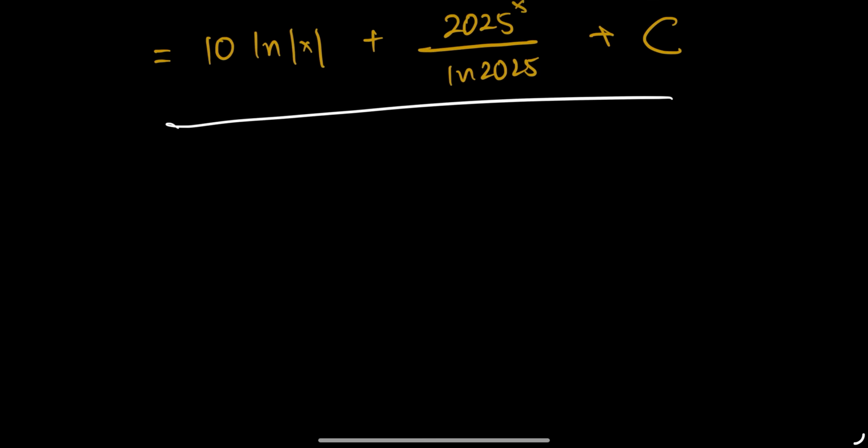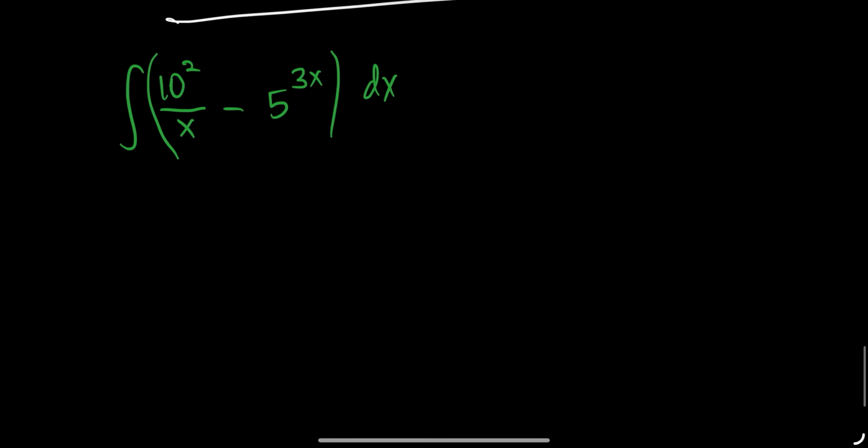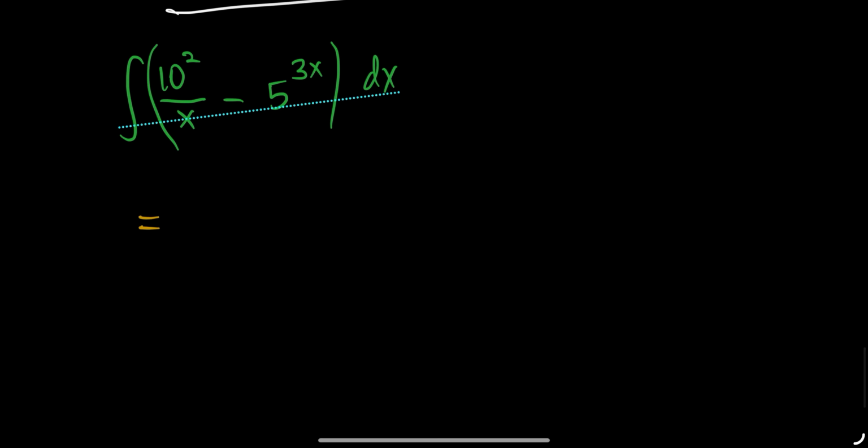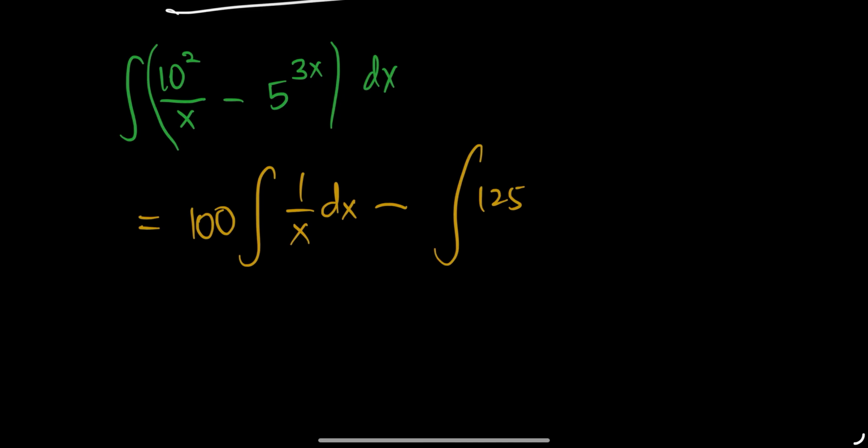Let's try another example to understand how it works. The integral of 100 over x minus 5^(3x) dx. Here I can just quickly go through the formulas. This is the same thing as 100 times the integral of 1 over x dx minus the integral of 125^x dx.